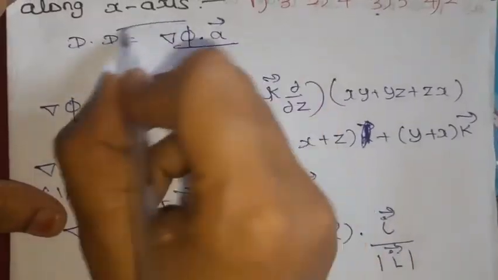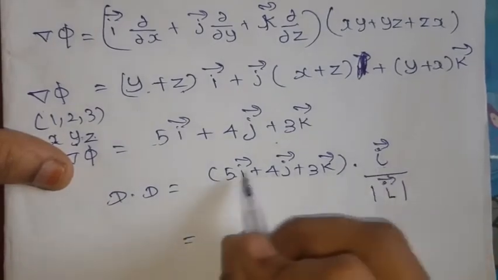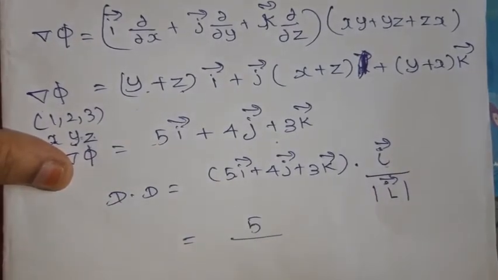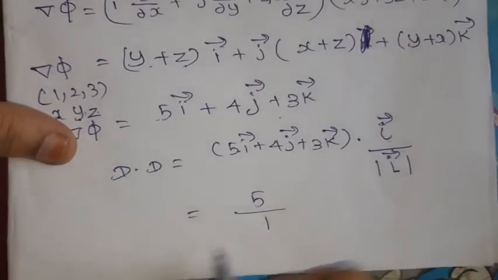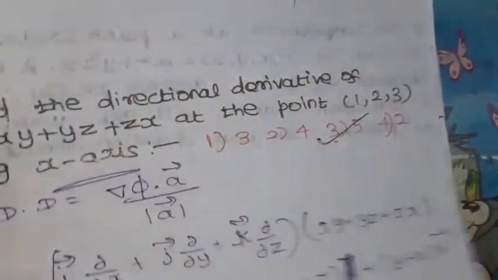This is the clue here. I vector divided by its modulus. So i into i only gives 5, divided by square root of 1 squared, which is 1 only. So 5 by 1, so 5. Directional derivative is nothing but 5. Option 3 is the right option.